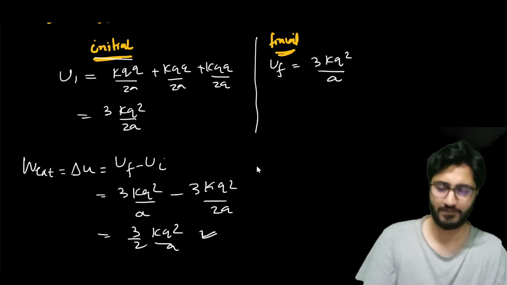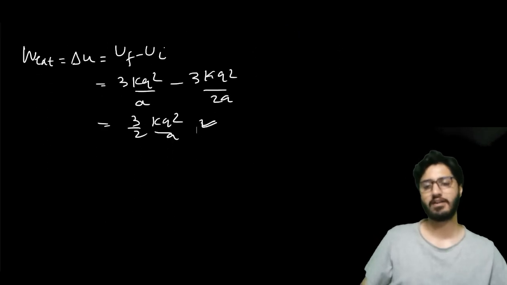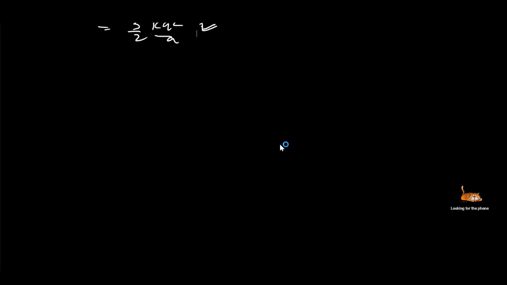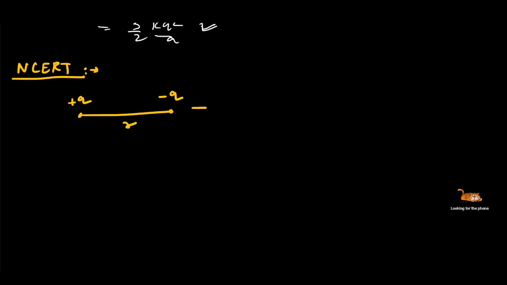Done? Okay, now let us do one numerical from NCERT. You will find the numerical in your NCERT also. There is a plus Q charged particle and a minus Q charged particle with separation R. Now we change it so that the plus Q and minus Q charged particles are at infinite distance.